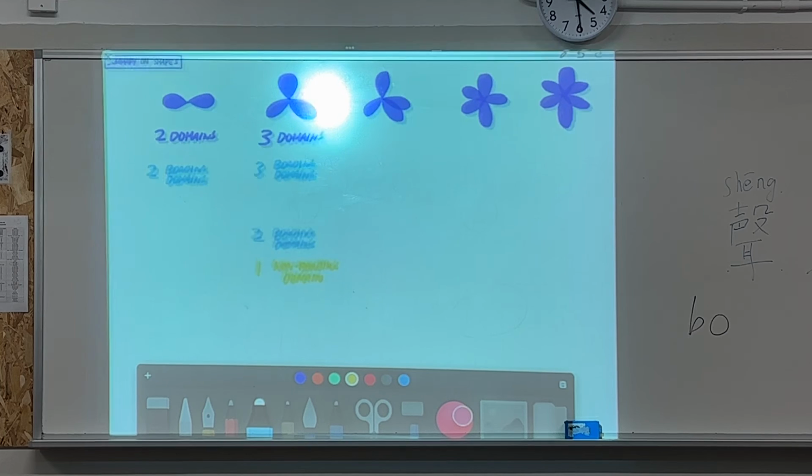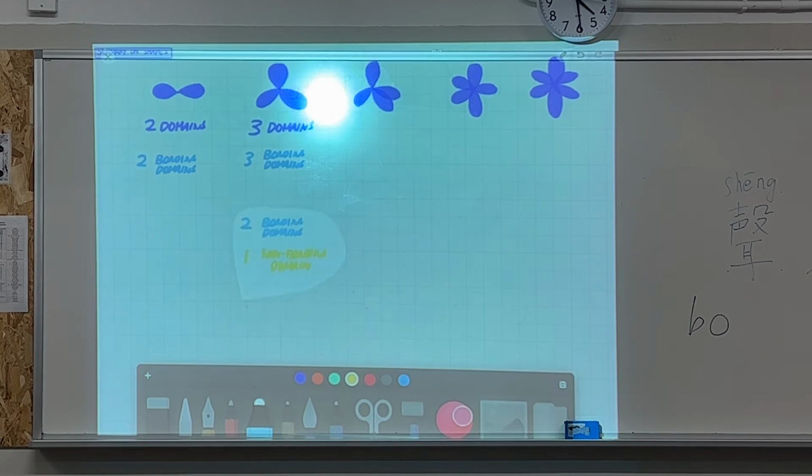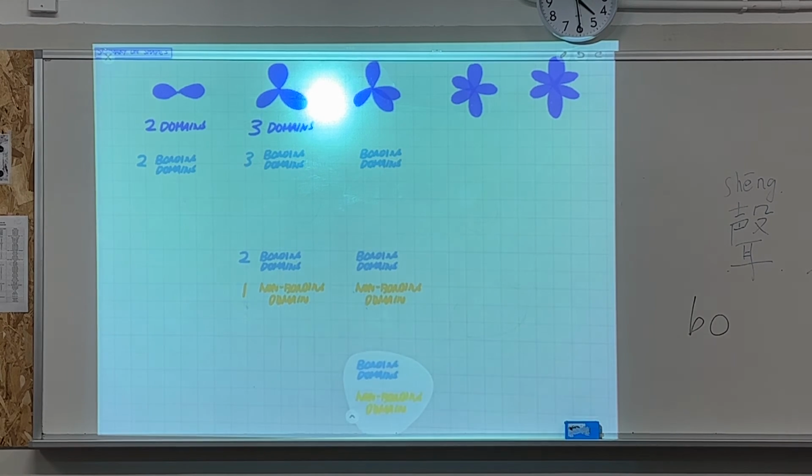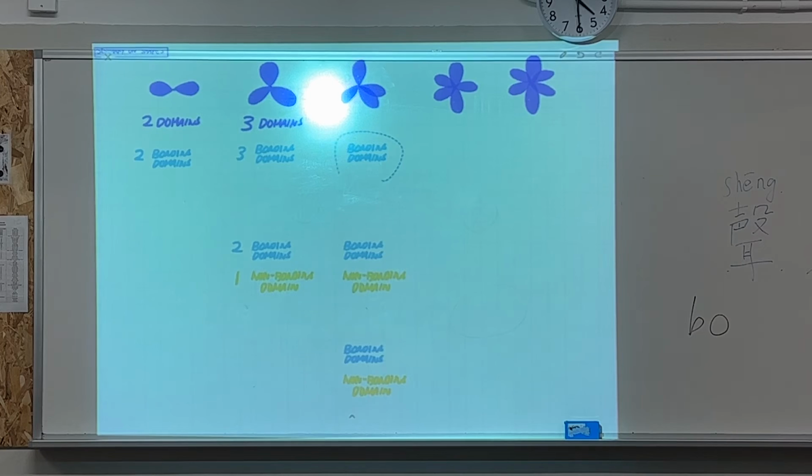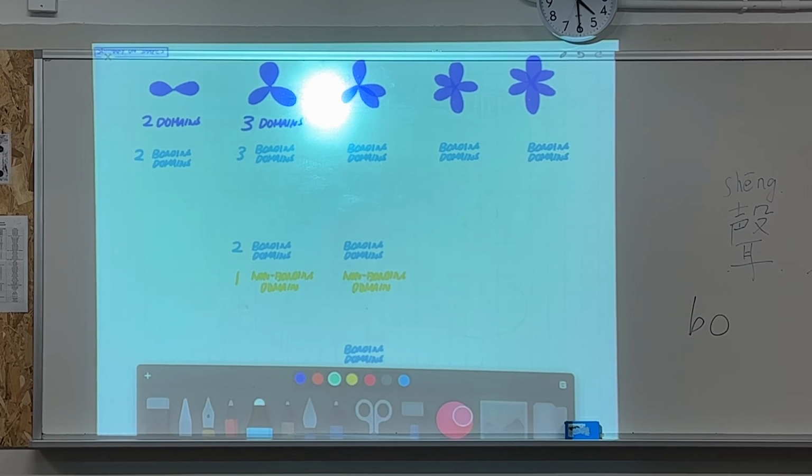Let me finish this heading here first real quick. So for 3 domains you have 2 possibilities. For 4 domains you have 3 possibilities. And finally, for 5 and 6 domains you have only 1 possibility in DSE. But actually it goes beyond that. Let me put down the possibilities.